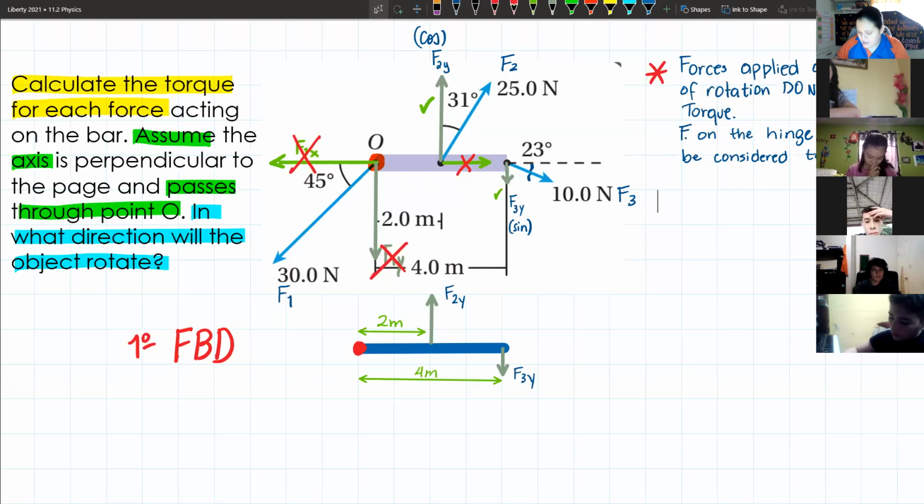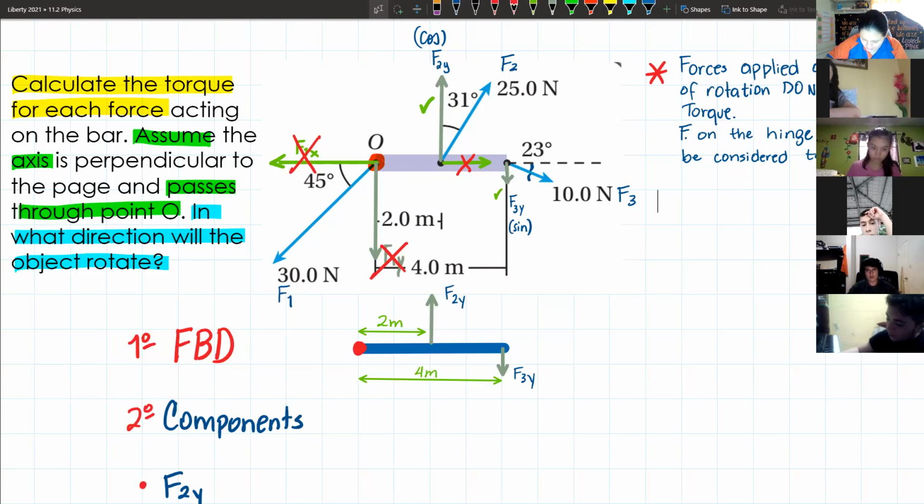Now, I need to know what my components are. So that is going to be my second step. My second step is components. So I'm going to get F2Y and F3Y.